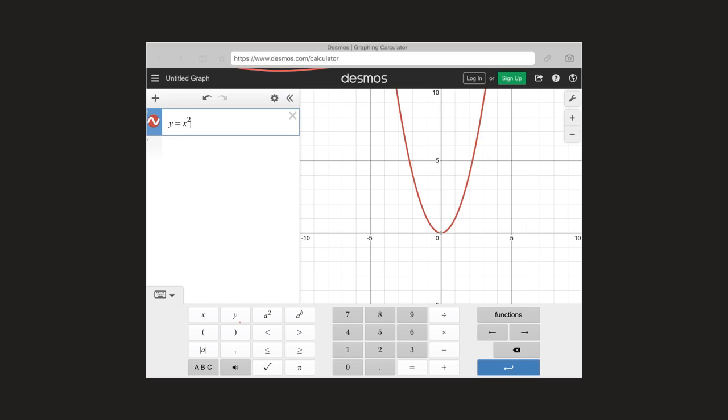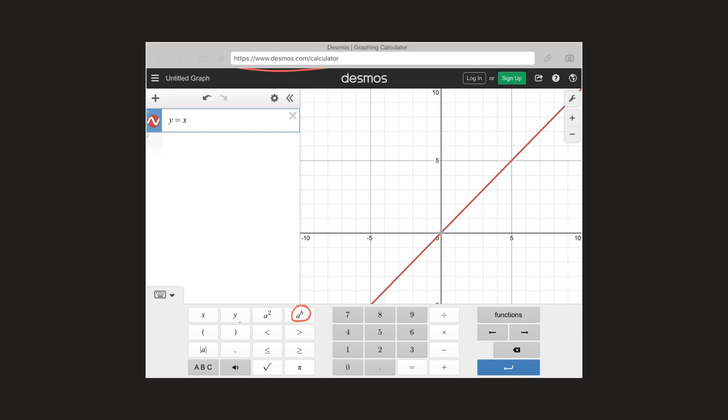Now, there are other relations on the page that don't just have exponents of 2. So if I delete that squared, some people choose to use the generic exponent button, that's the a to the exponent b you see there.